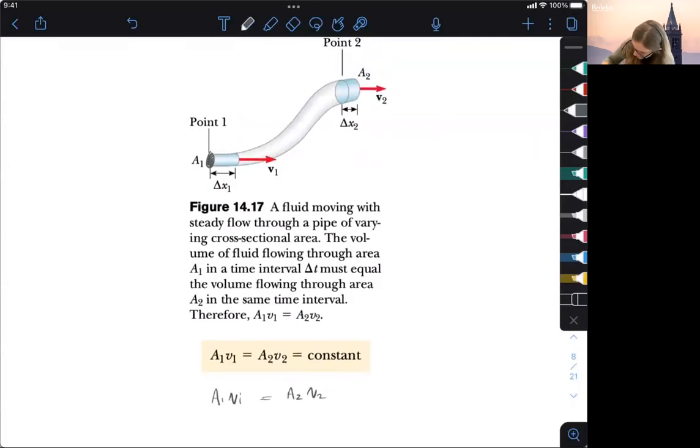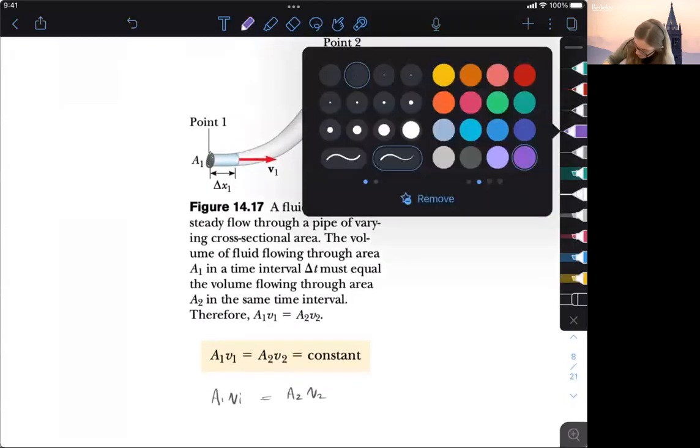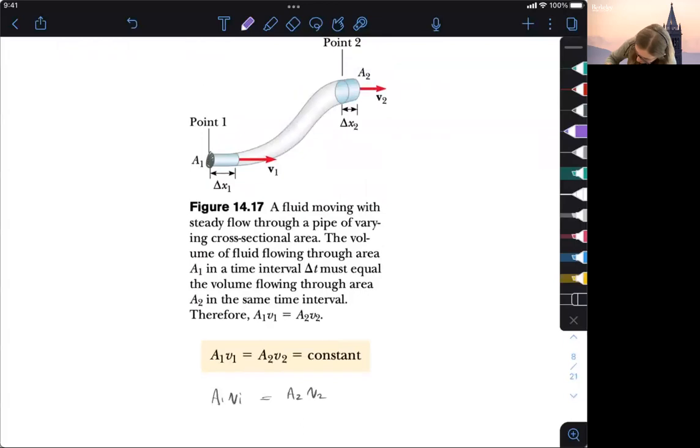So we're relating these two, basically saying the speed at which it crosses one cross-sectional area is related to the speed at which it crosses the other.